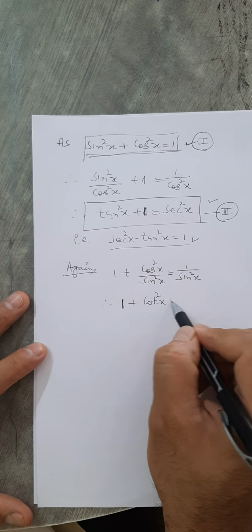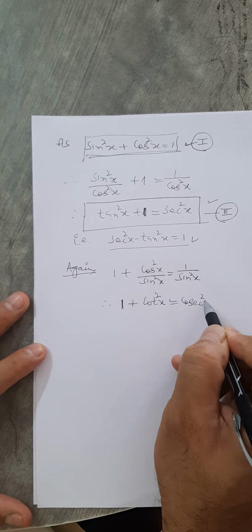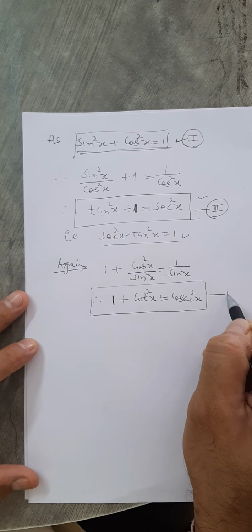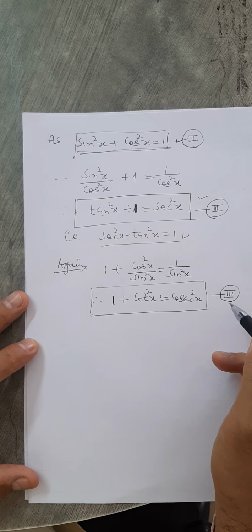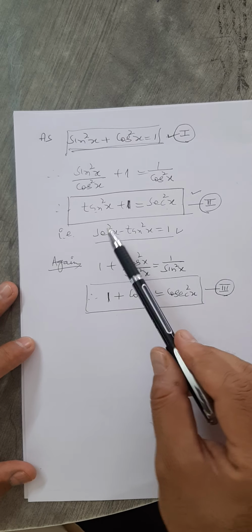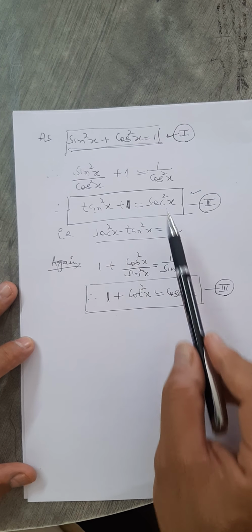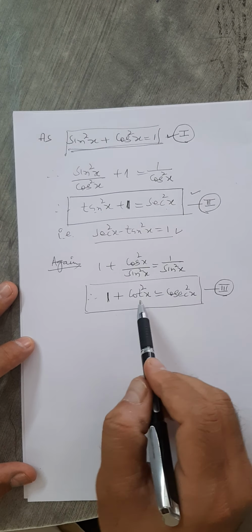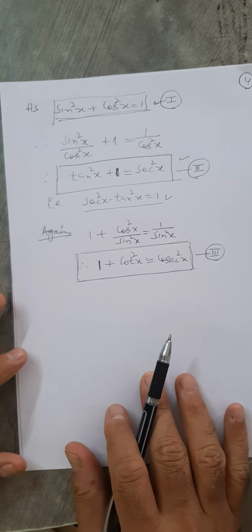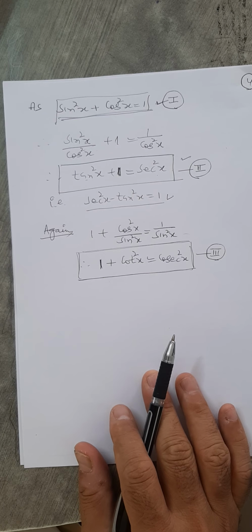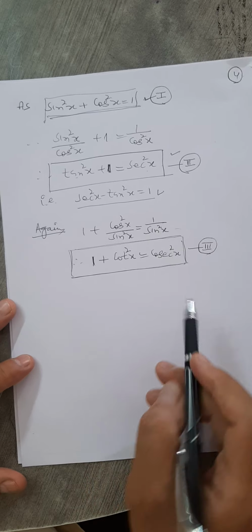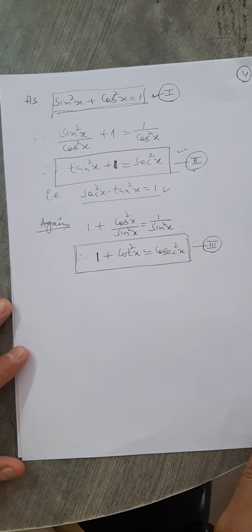Cos by sine is cot, you know, and this is cosec square. So this is another standard trigo identity from 10th standard. Proofs are not important, but identities are important. Sine square plus cos square is 1. 1 plus tan square is sec square. And 1 plus cot square is cosec square. You can write cosec square minus cot square equals 1, remember. Okay. So now we have these 3 standard identities.